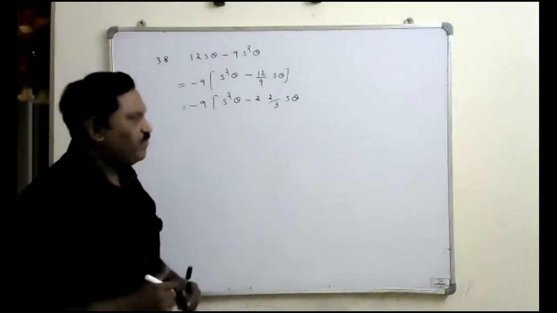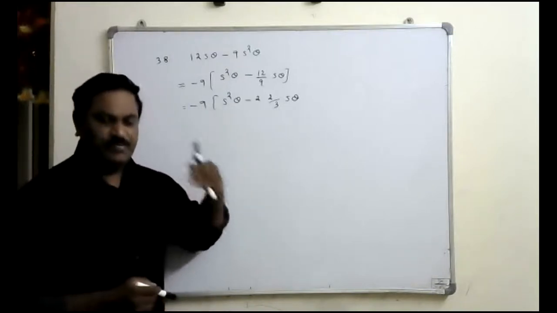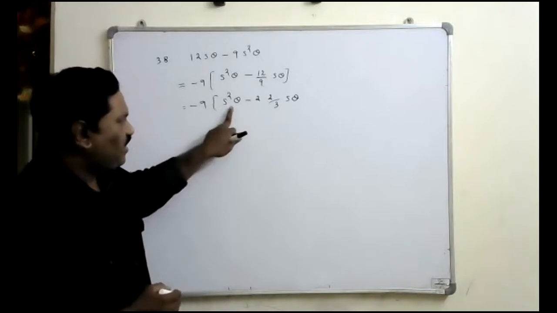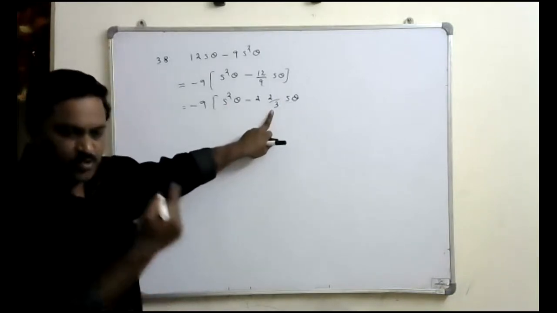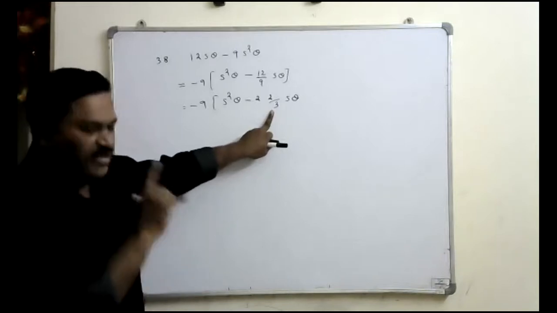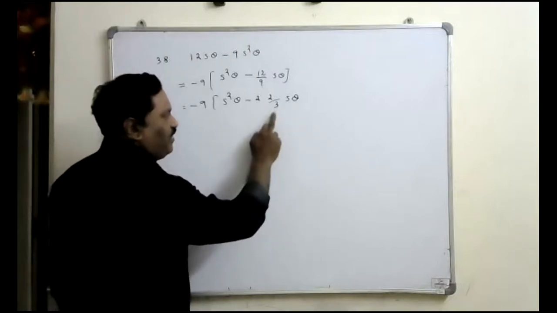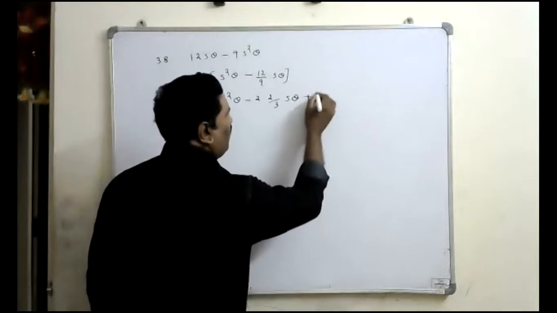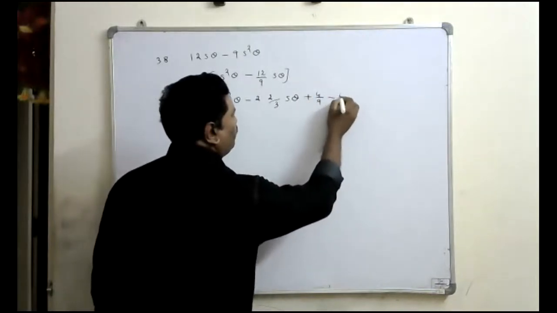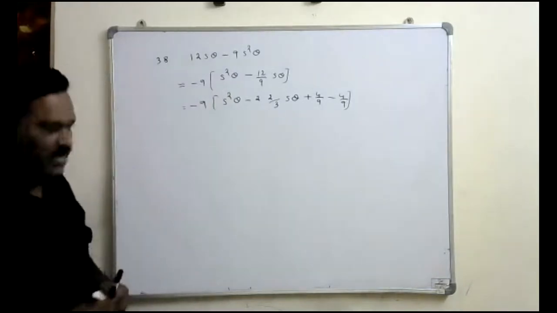The expansion of a minus b whole square is a square minus 2ab plus b square. Here we want it in the form of a square minus 2ab plus b square, but b square is not there. Add b square, subtract b square. It is 2ab, b means 2 by 3, b square means 4 by 9. We will add it and subtract it. Add the 4 by 9 and subtract the 4 by 9.